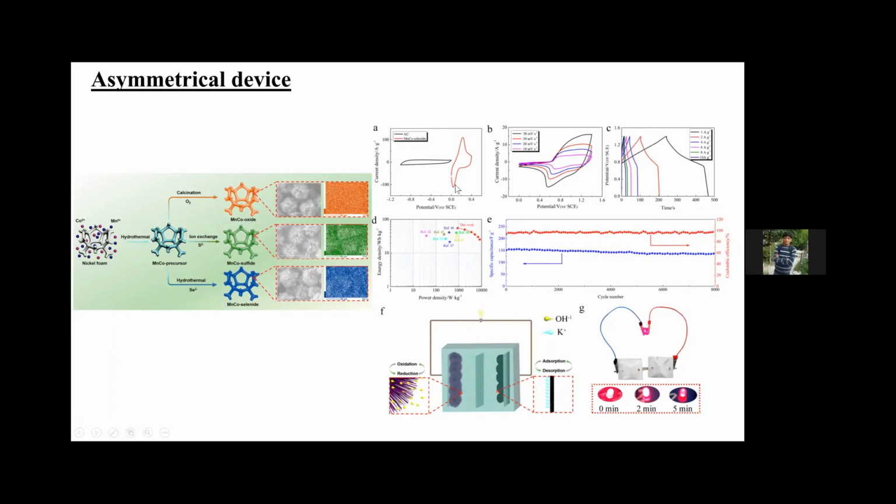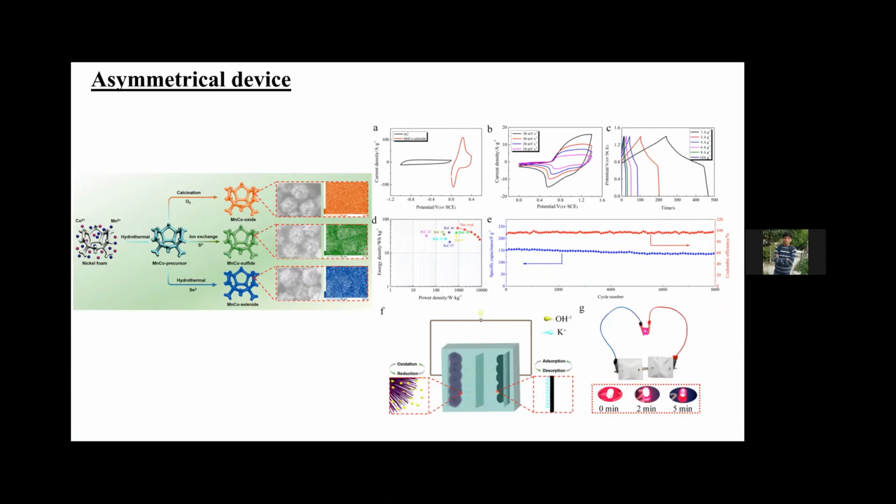And here is the beauty of the asymmetric devices. If we assemble it, first of all it increases the voltage window, and second, because of this metal positive electrode, it shows redox peaks or high current, so the performance is achieved.